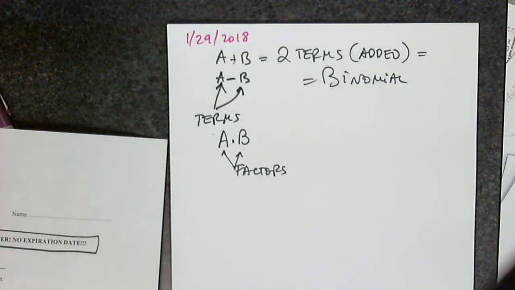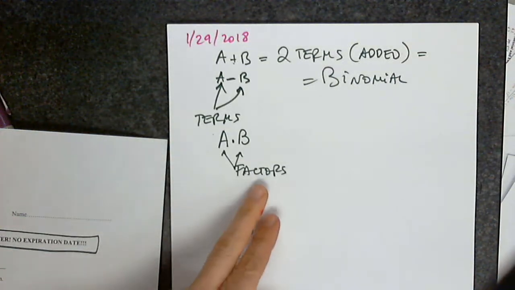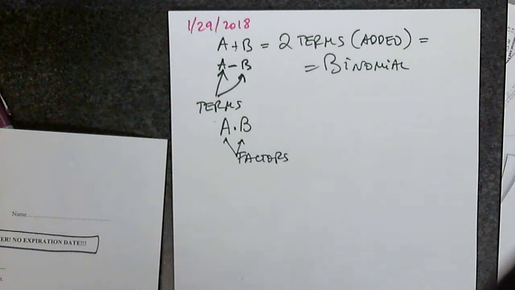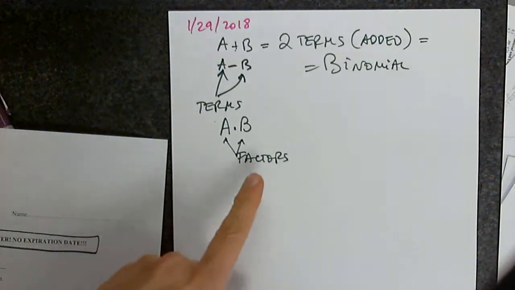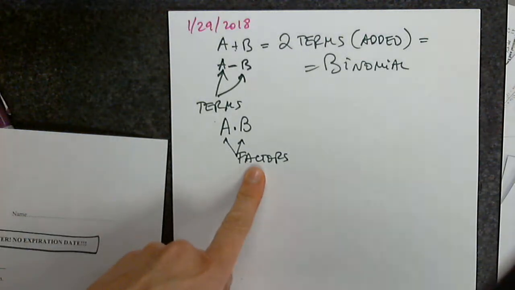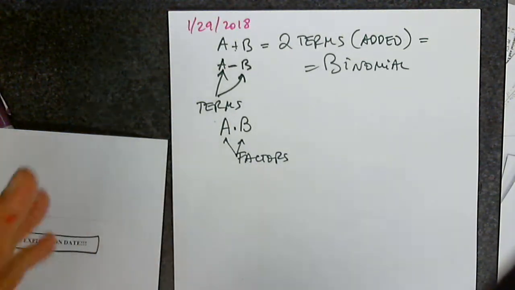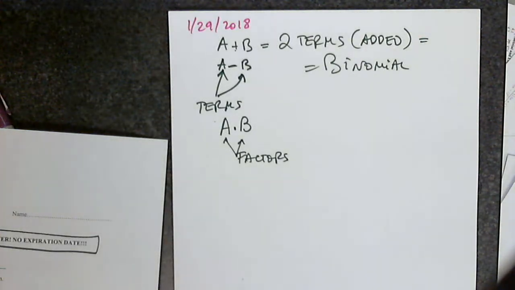But the applicability of factors is much wider than of terms. So I need to understand the difference, and I need to understand later on when we get to reviewing a lot of applications of factoring or factors.